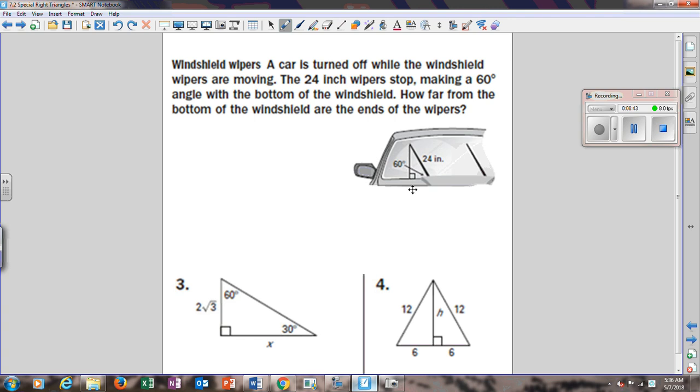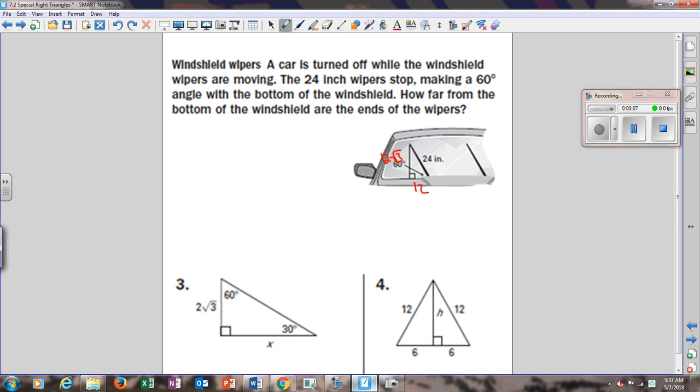So the first thing I have to do is find what my short side is down here. Now remember, in a 30, 60, 90, your hypotenuse is 2 times the length of the short side. So just take this and divide it by 2 to get 12. Then this side is the short side times the square root of 3. So that would just be 12 root 3.